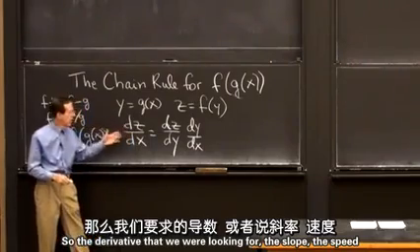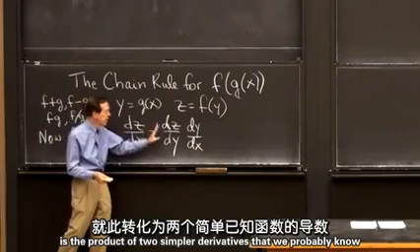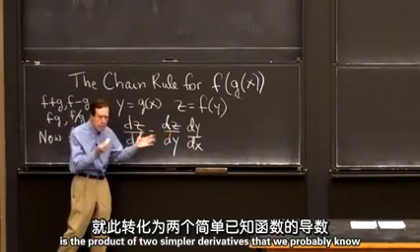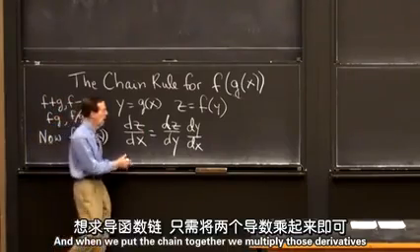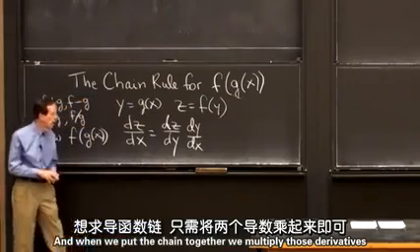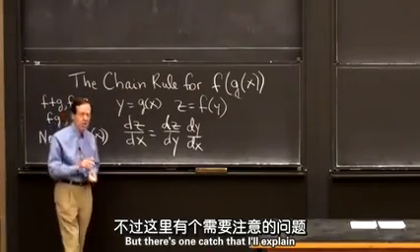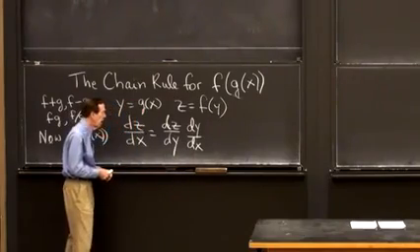So the derivative that we're looking for, the slope, the speed, is a product of two simpler derivatives that we probably know. And when we put the chain together, we multiply those derivatives. But there's one catch that I'll explain.